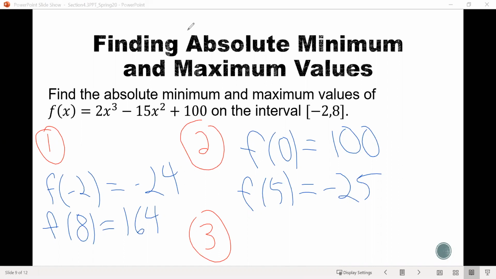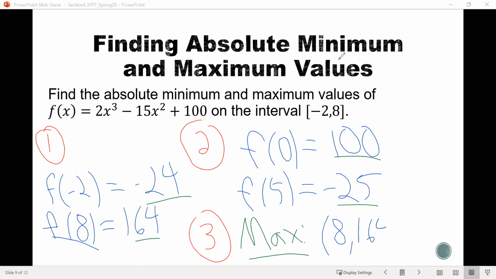So through this, I see that f of negative 2 is negative 24, f of 8 is 164, f of 0 is 100, f of 5 is negative 25. So first thing I see is that my max value here, okay, well that occurs over here with the input of 8. So it occurs at the point 8, 164.